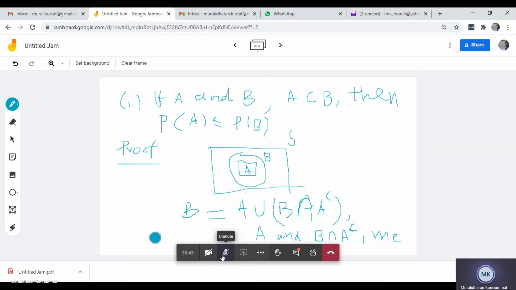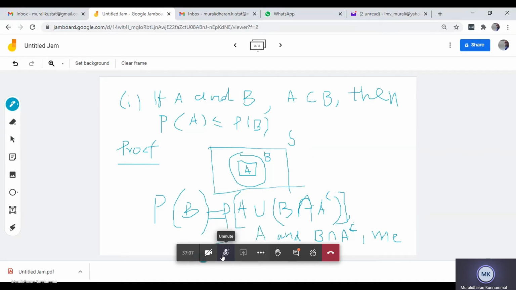Therefore, P of B is equal to P of A union (B intersection A complement).